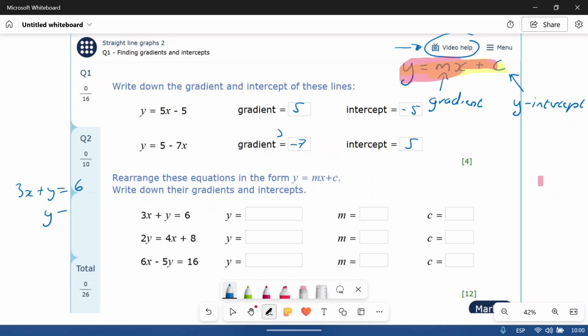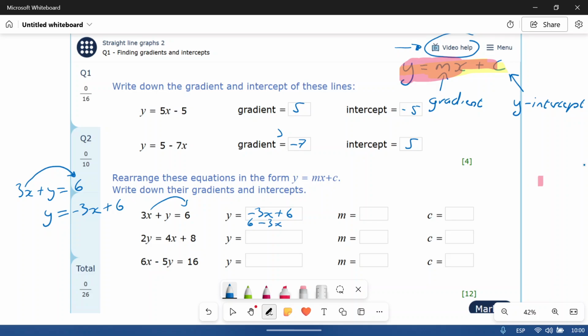We want y equals, so we don't want the 3x here, we want it on the other side, but you change sides, you change signs, it becomes minus 3x, and the 6 is already there, and it's positive. So it becomes minus 3x plus 6, or 6 minus 3x, both will be correct.